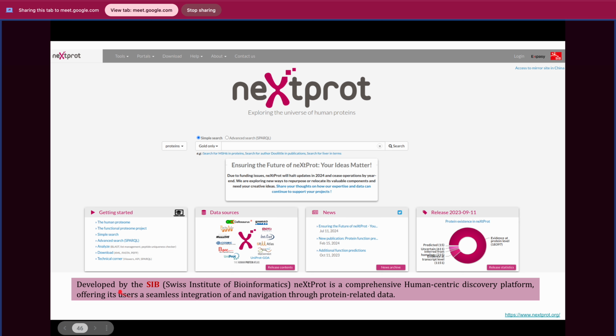Now I'll talk a little bit about NextProt. It is developed by SIB, the Swiss Institute of Bioinformatics, and it is a comprehensive human-centric discovery platform which offers its users a seamless integration of and navigation through protein-related data. So this is another repository.